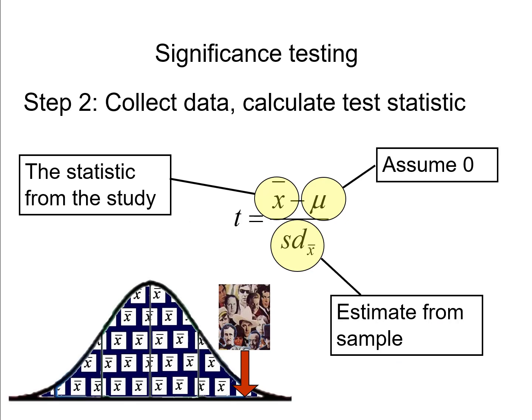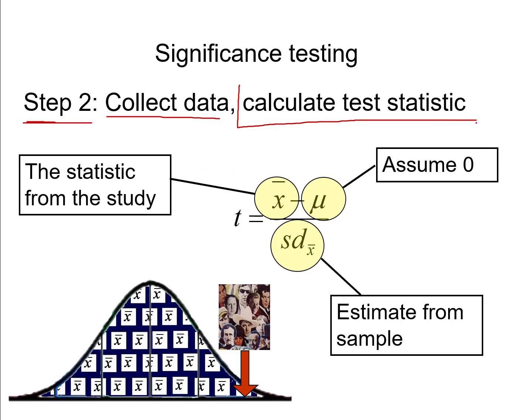Then, after we assume the null hypothesis is true, we're ready to proceed to the second step of significance testing. And in step 2, this is where we're actually going to run our study and collect data. So we do our study, we collect data, and then we calculate something that I'm going to call a test statistic.